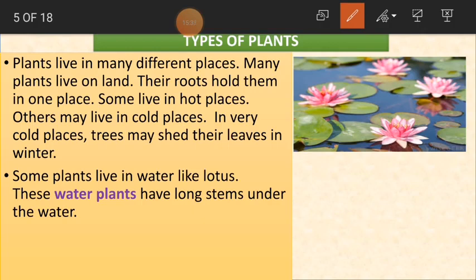So we have so many different types of climates, different types of places, and as I said before also, some live on land, some live in water.